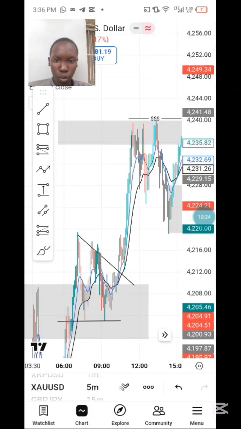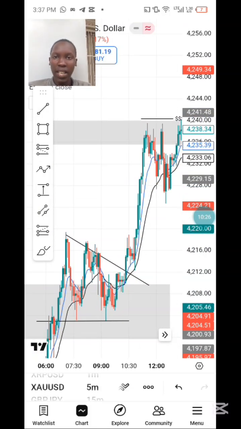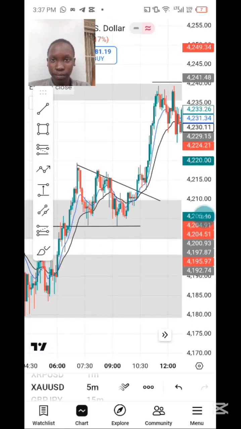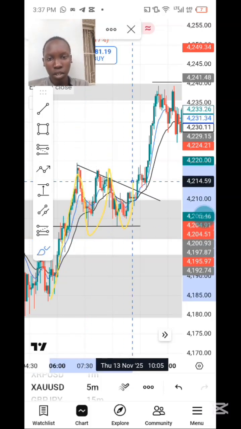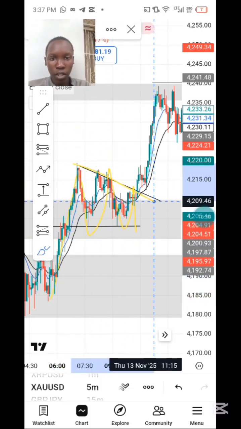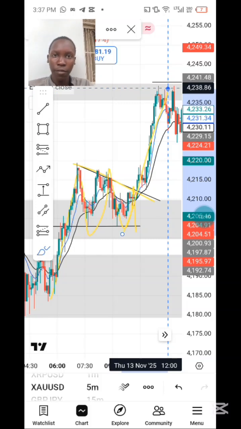Like there was one I called last week. This one is a bullish scenario. There was an aggressive buy. It was consolidating. I drew my zone. It broke and we entered from there.